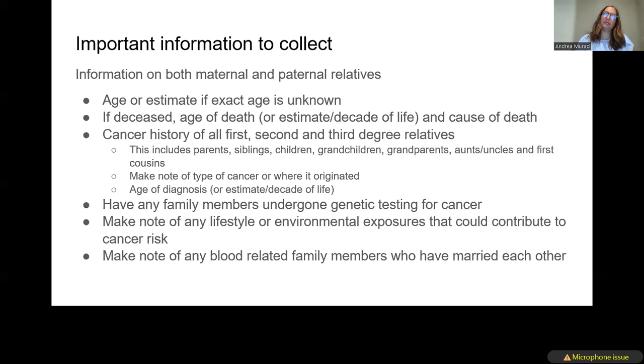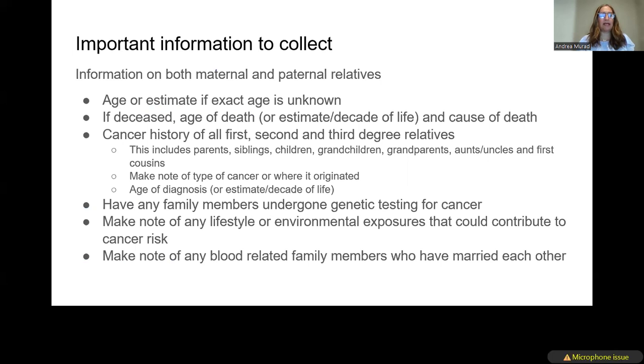Sometimes people think that one side of the family might be more important than other sides of the family, but really we want to know about cancers on both sides of the family, not just one or the other. Always trying to get individuals, family members' ages, whether it's their current age, the age that they passed away at, or age of diagnosis of cancer is really important.